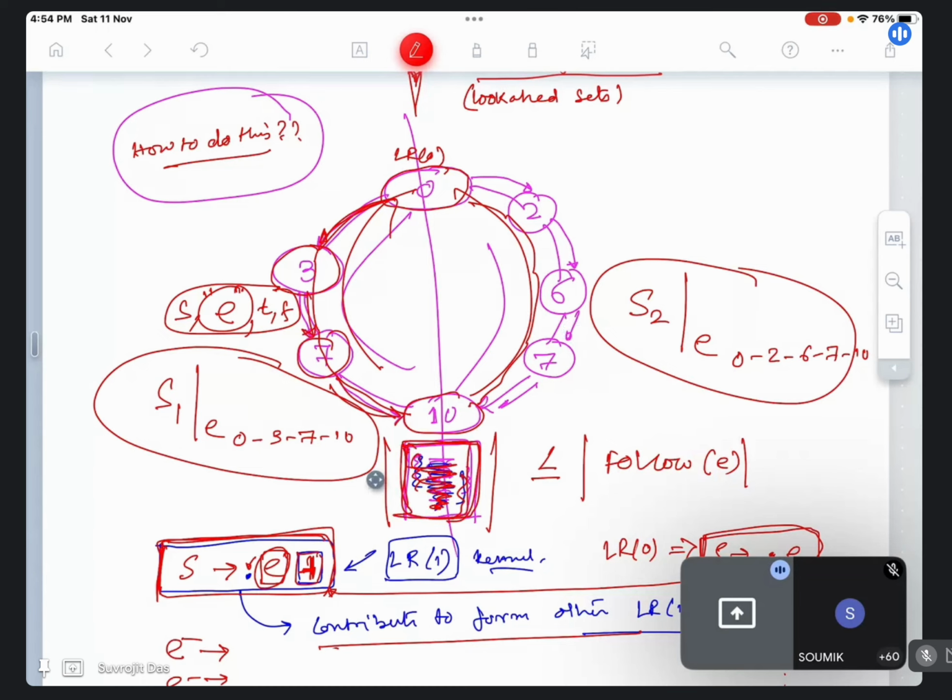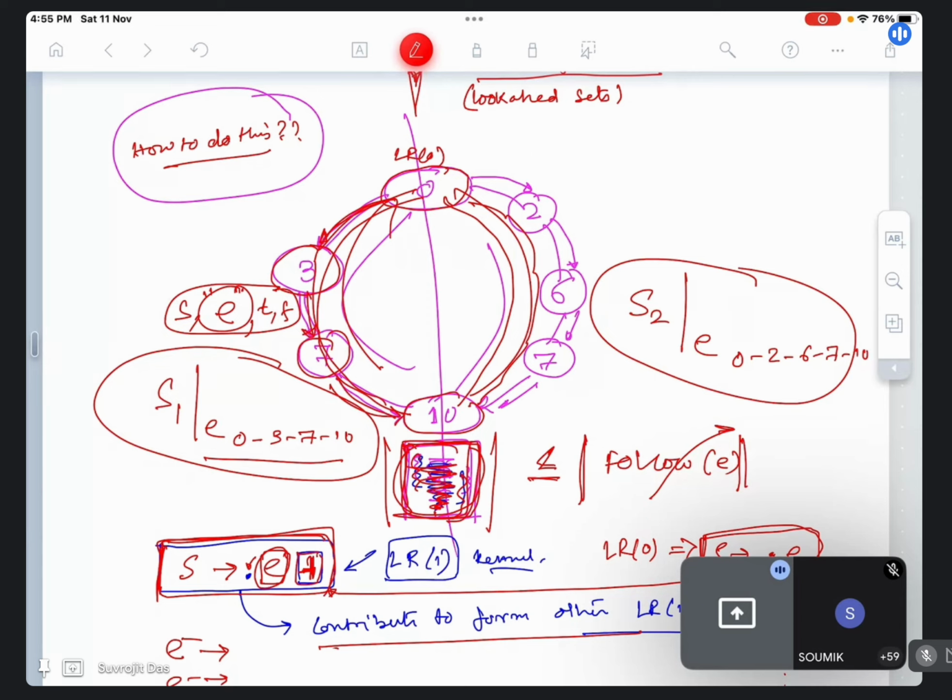And you expect that look ahead set to be less than or equal to the set of follow of E, because follow of E has all symbols that can follow E in any situation. But these two sets have only symbols that can follow E if you take this path, if you take this path. So you have a chance to eliminate certain symbols from follow of E, because they are not required in the look ahead set for your decisions in the state table.